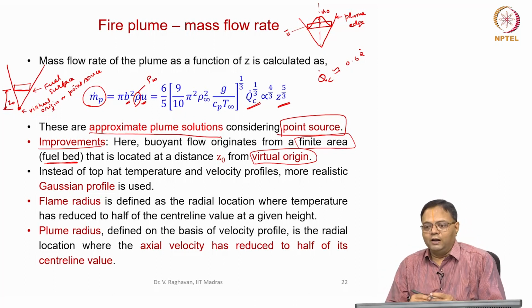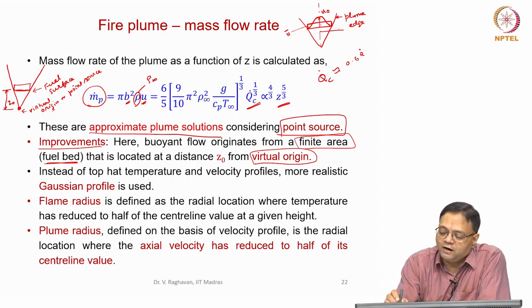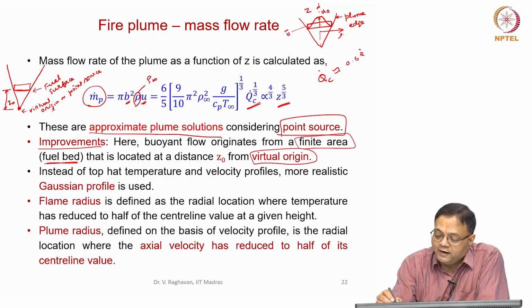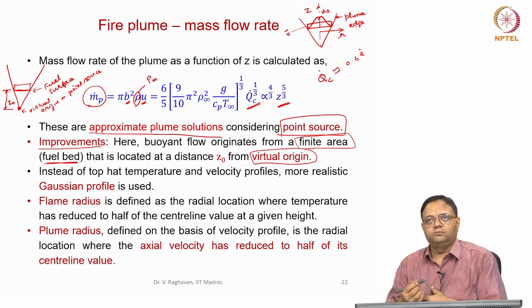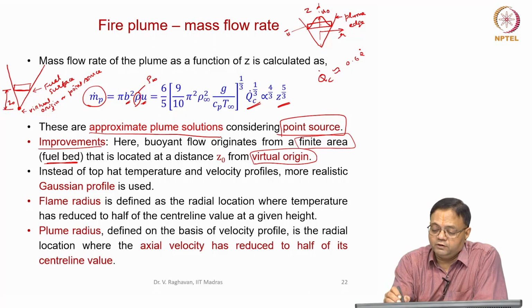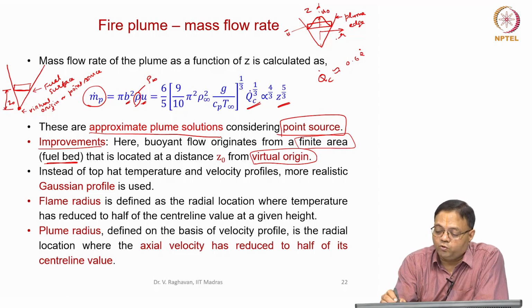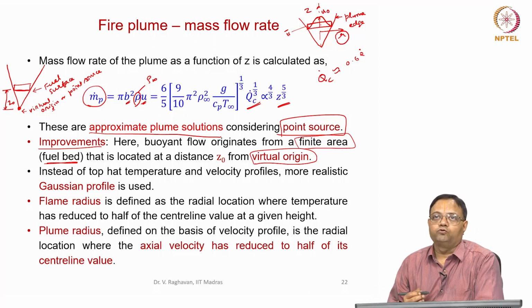So, the only thing is I will not have any radial component. For example, this is the z direction and this is the radial direction. Let us assume a circular area for the bed. Now, if I consider the Gaussian, then I have to consider the radial component also.